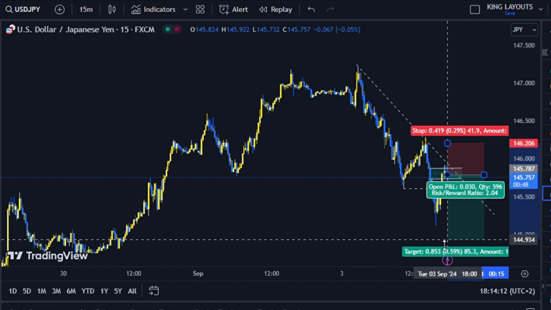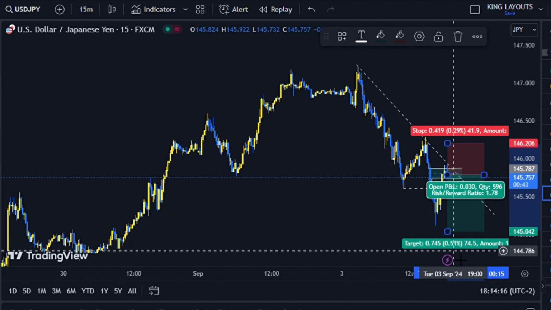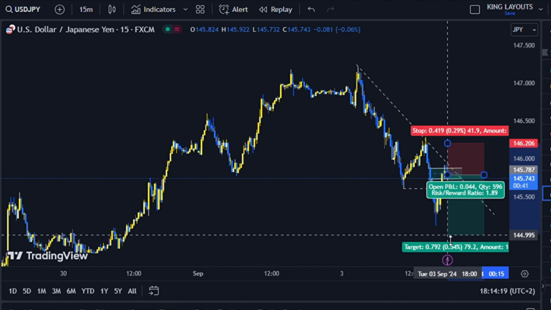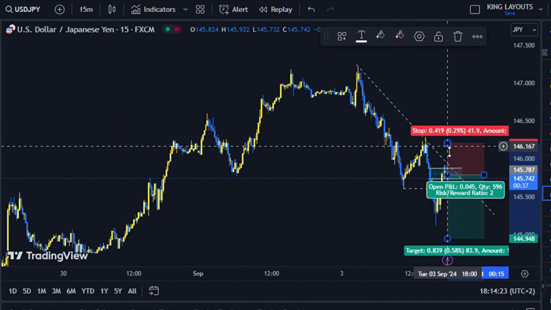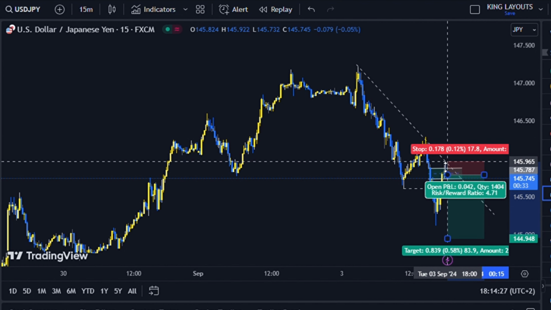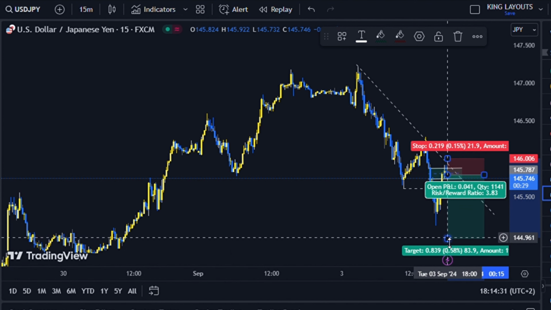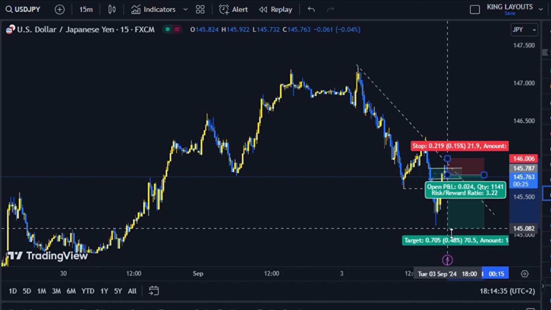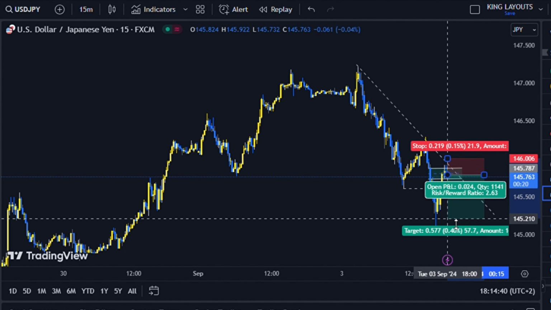So from there we can aim for here. Let's do a 1:2. I can actually move the stop loss a bit lower. It doesn't need to be that high. I don't think it's going to go back and reject, and then we can adjust our take profit to a more reasonable point.